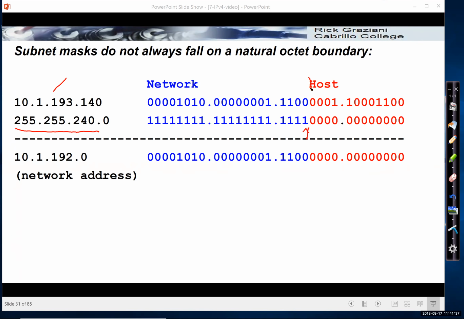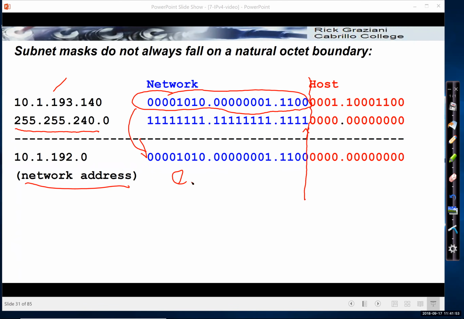Remember Rick's rule? It's a simple way to find the network address. All we have to do is find where the ones end and the zeros begin in our subnet mask, copy all of these, and then we put all zeros here. And this gives us our network address.